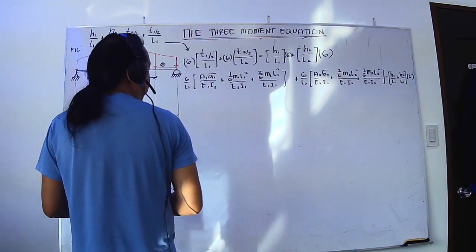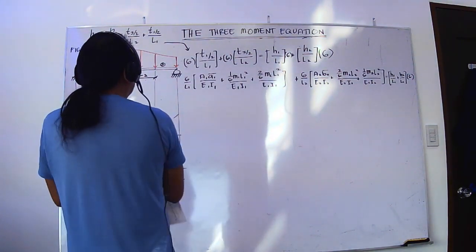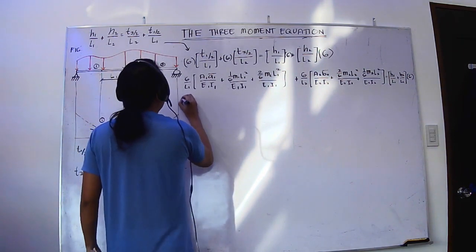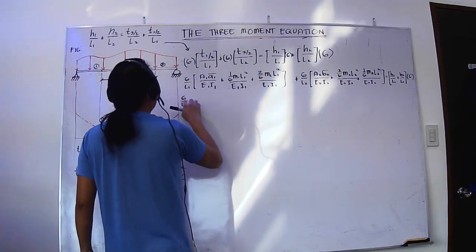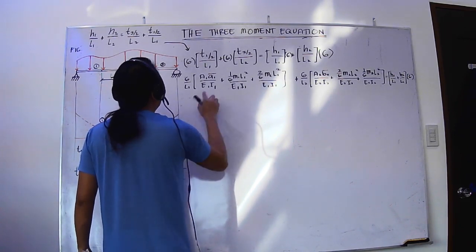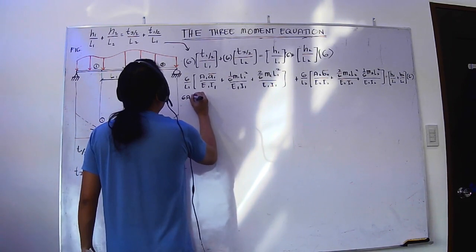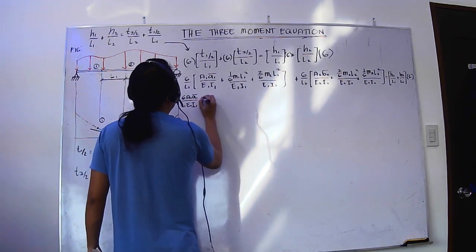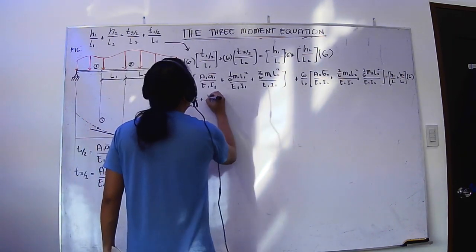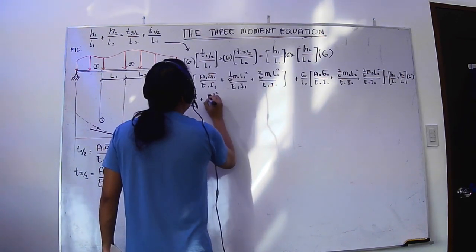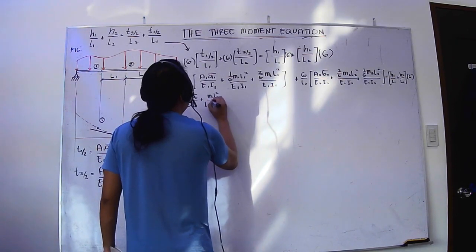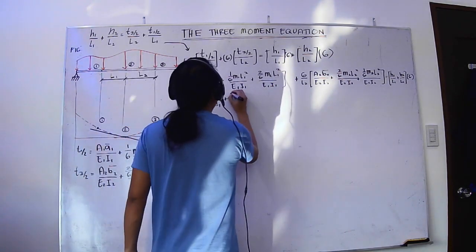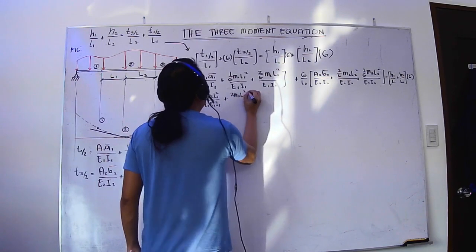In this case, I multiply through and I will have 6 A1 B1 over L1 E1 I1 plus 6 times, it just becomes M1 L1 squared over L1 E1 I1, plus 2 M2 L1 squared.